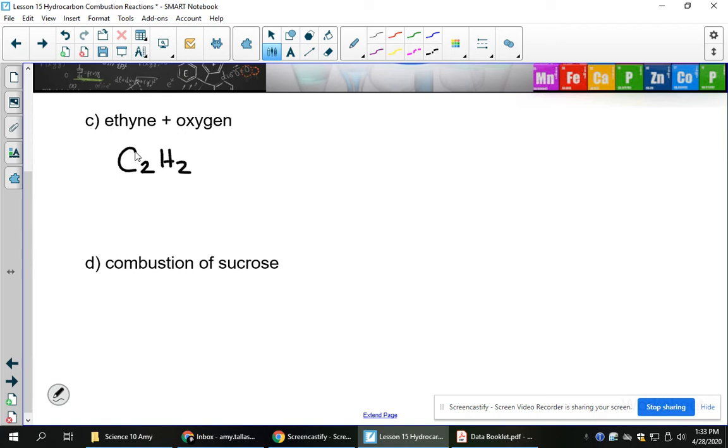And if I just double check on my data booklet, I see that it's a gas. And the next part is the same for every combustion question. You need to add oxygen gas, and you will always get carbon dioxide gas and water vapor.